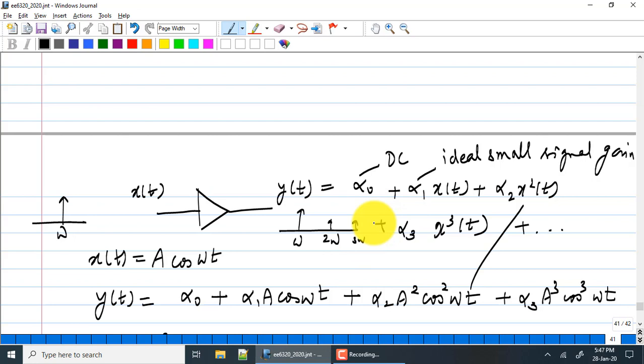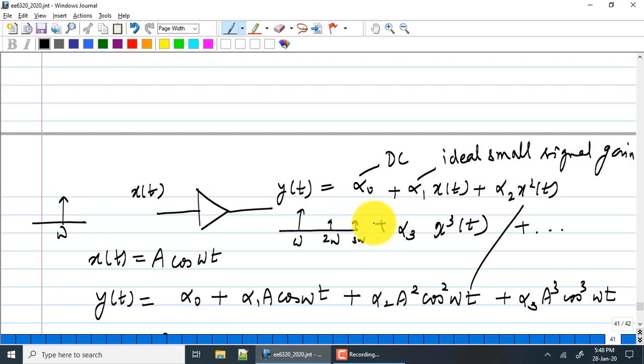For example, if you have a power amplifier driving an antenna, the antenna will have some frequency response, but it's very possible that it does not have a strong enough response such that the second harmonic is knocked out. You will be interfering with somebody else using the band at 2 omega. It would be a problem. You will be forced to deal with this.